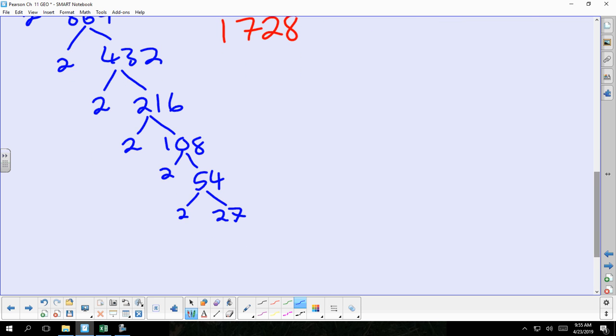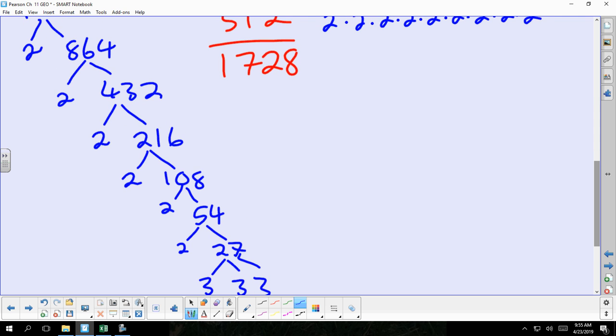And then this is 3. That's 3. That's 3. So how many 2's do we have? We have 3 3's, and then we have 1, 2, 3, 4, 5, 6 2's.